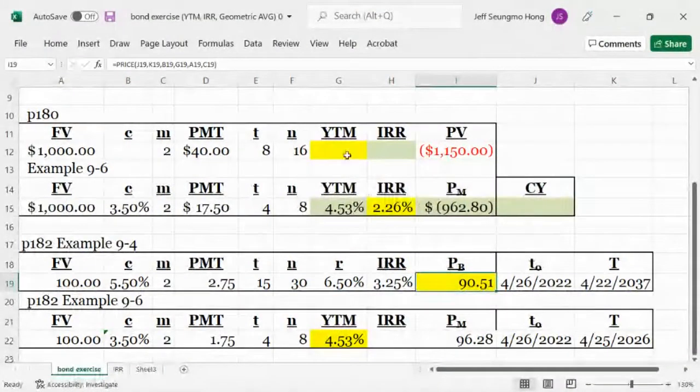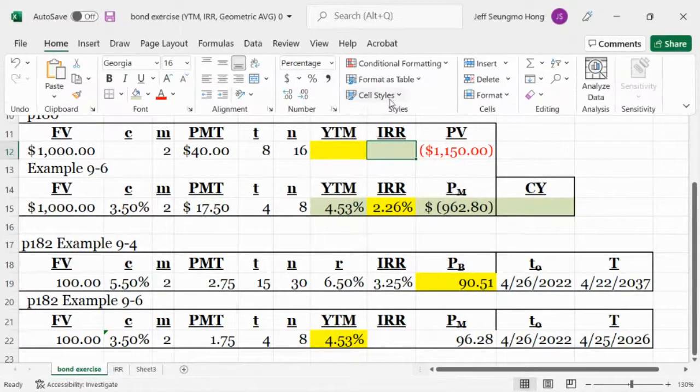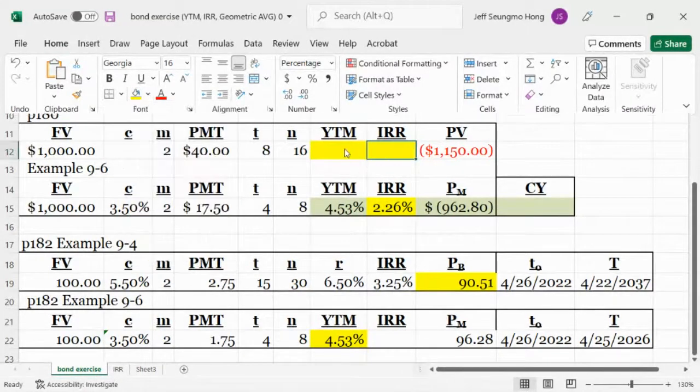So finally, let's do this example. This one is finding yield to maturity. Again, to do it this way, we'll have to solve for the periodic rate first.